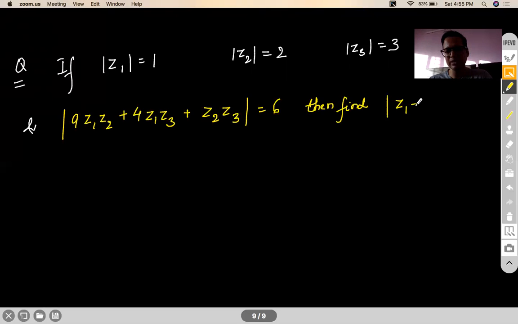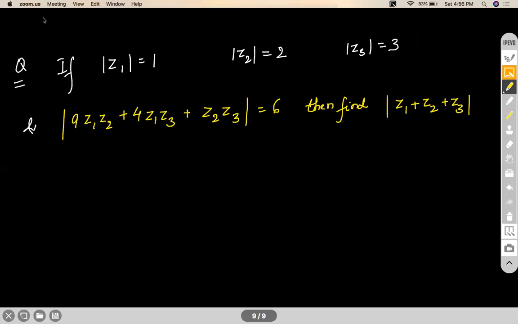Then find the value of mod of Z1 plus Z2 plus Z3. Let's have 1.5 minutes for this question. Everybody please try this out and put your response on the chat box.